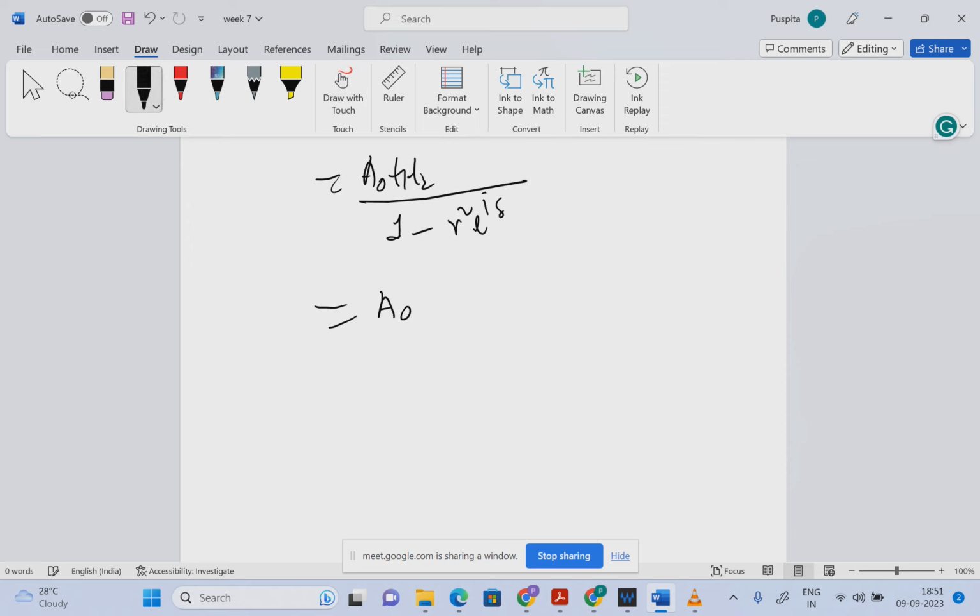So we have A0 T by 1 minus R e to the power i delta.